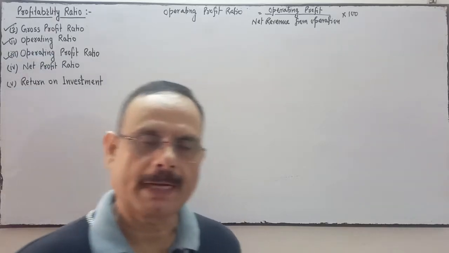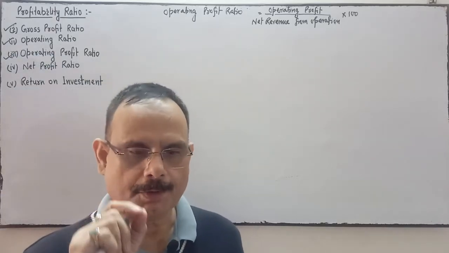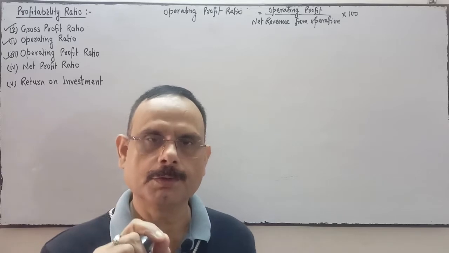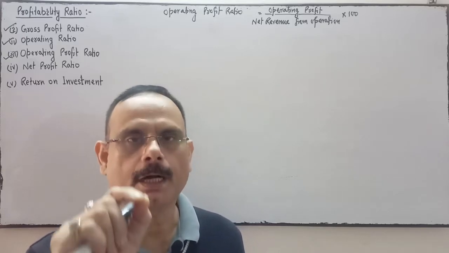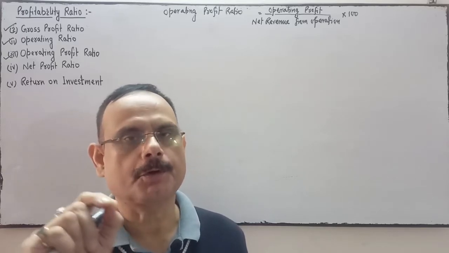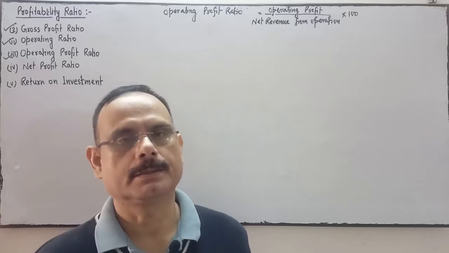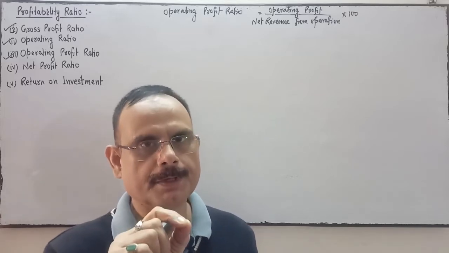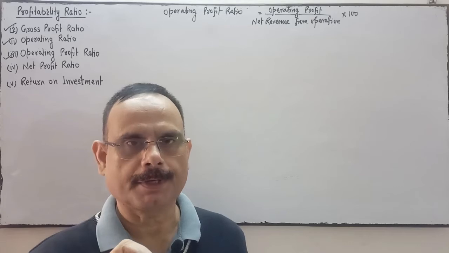Now come to the operating profit ratio. Operating profit ratio is equal to operating profit upon revenue from operation into 100. So we will calculate the operating profit.